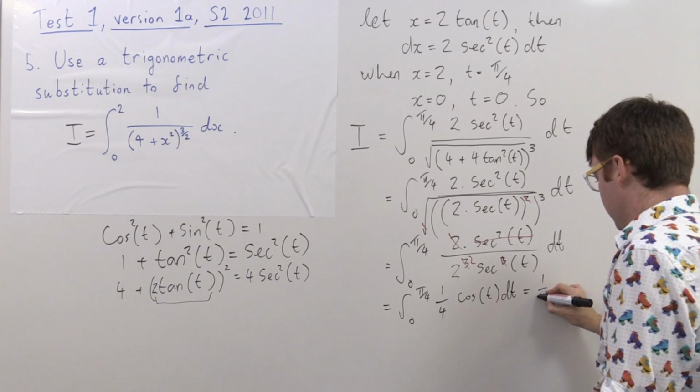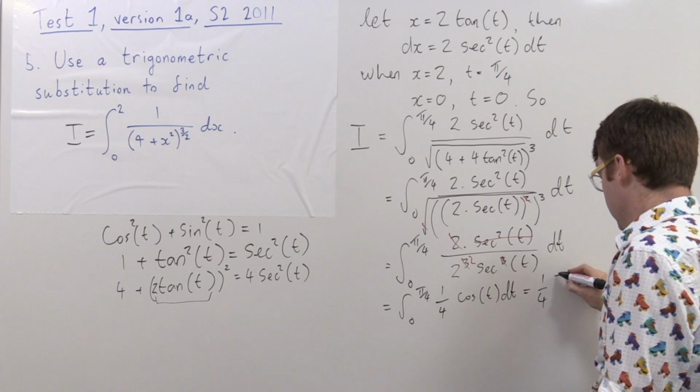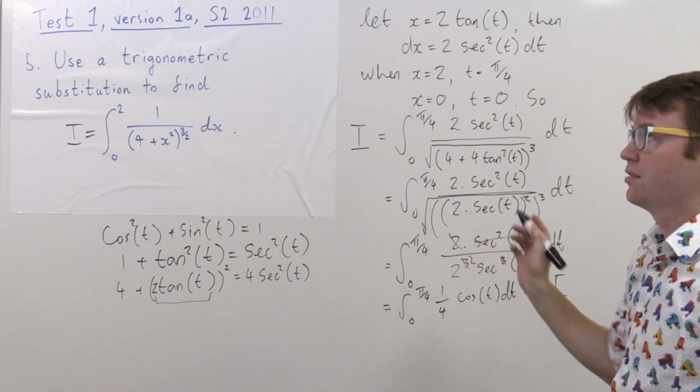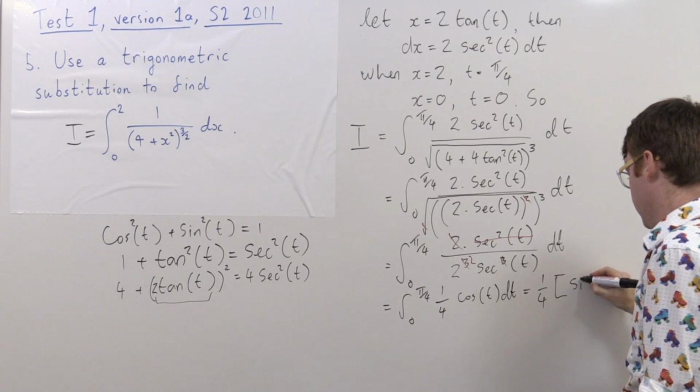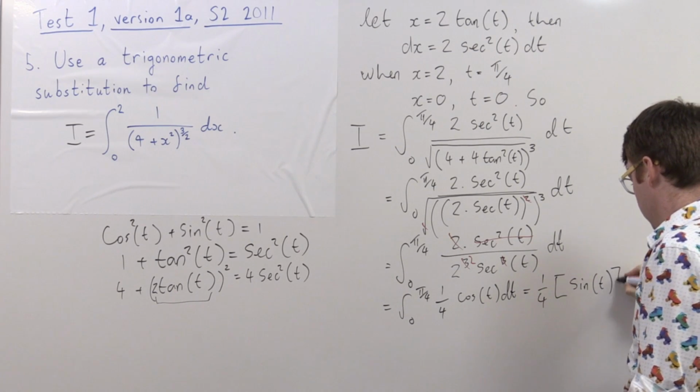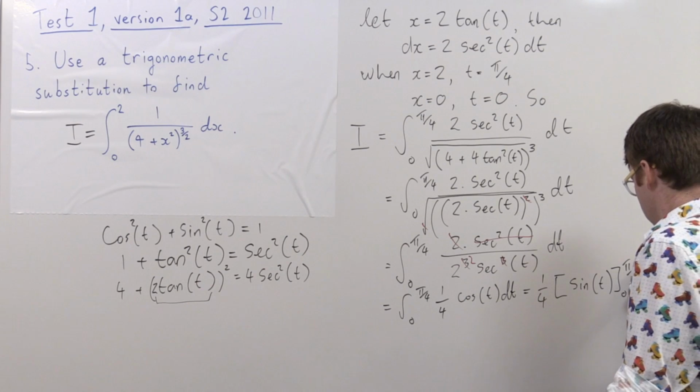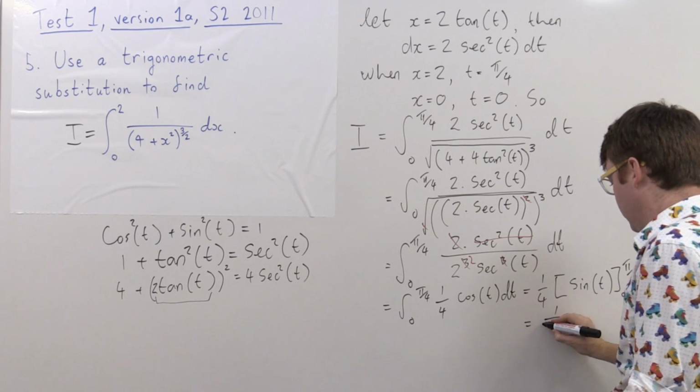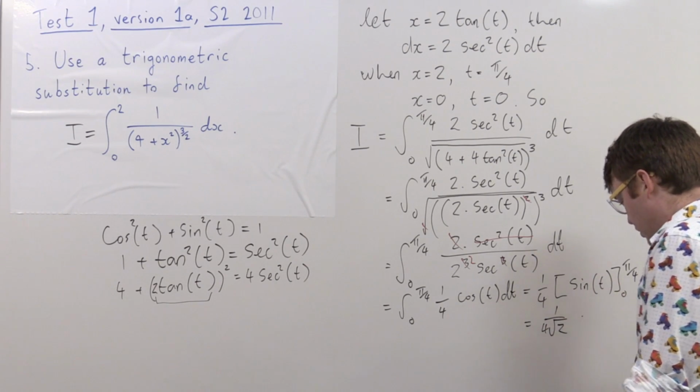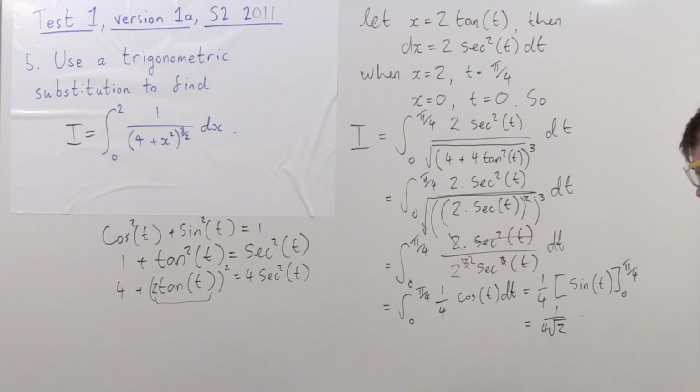And that's 1/4, let's see, the derivative of sine was cos, so that's sine. So that's 1 on 4 root 2. That wasn't so bad.